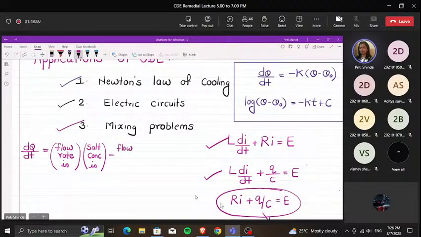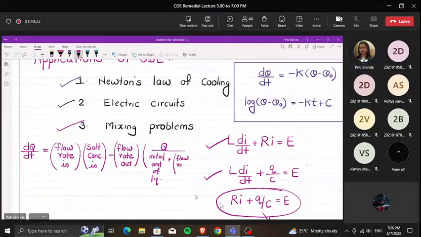Flow rate out into Q divided by initial amount of liquid, plus flow rate in minus flow rate out into T. Normally when flow rate in is the same as flow rate out, this term becomes 0, and we get a simple differential equation.